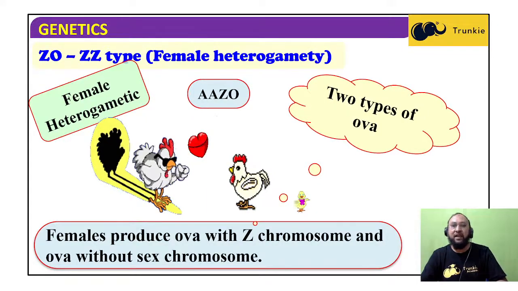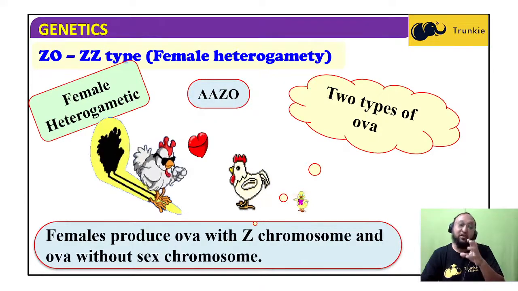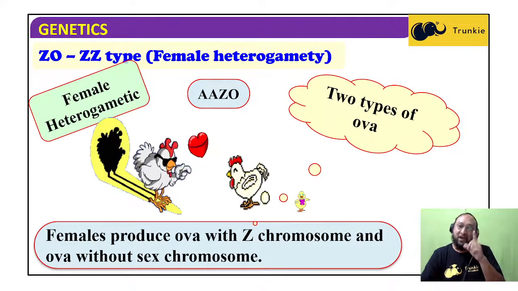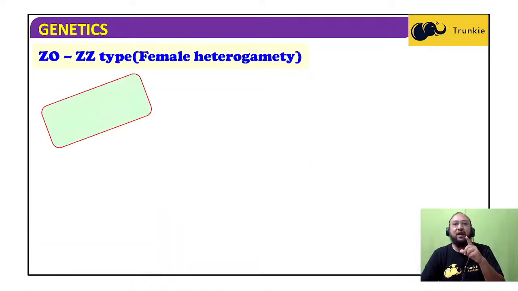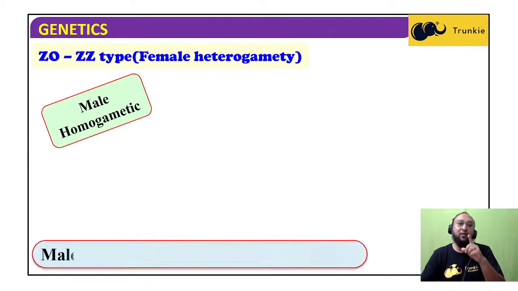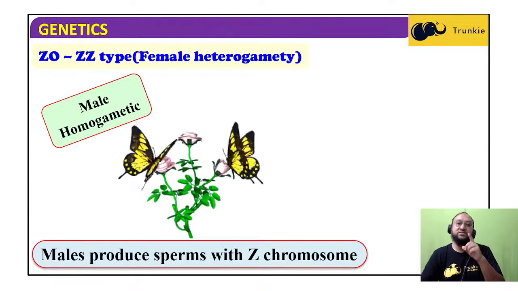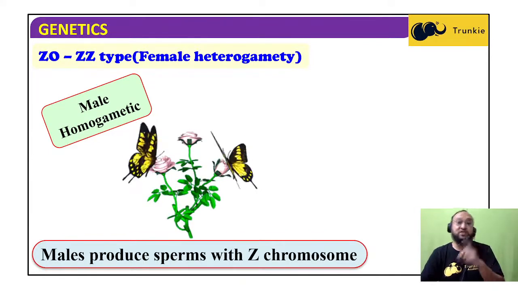Here A stands for autosomes, and Z and 0 means there will be one sex chromosome. In the other case, males are homogametic.